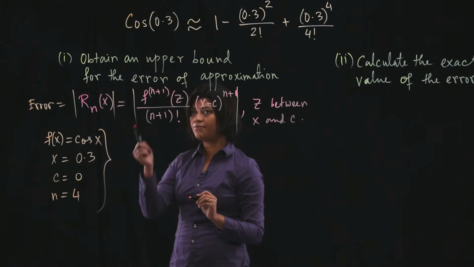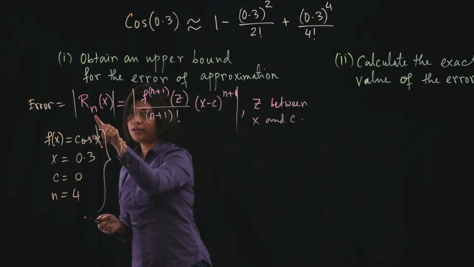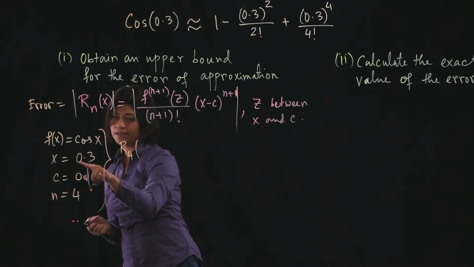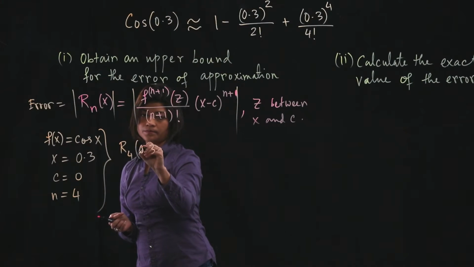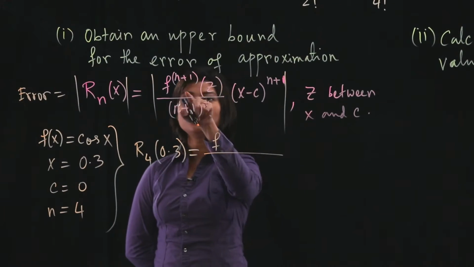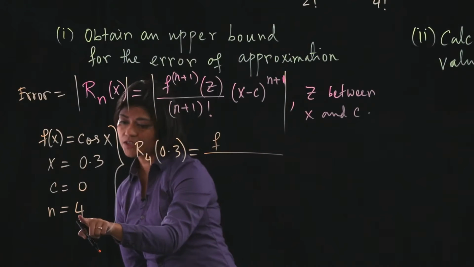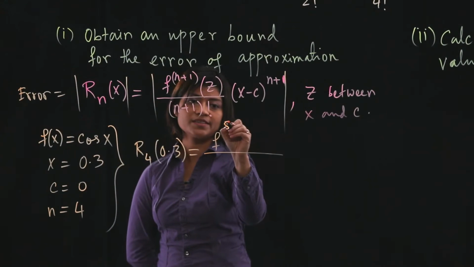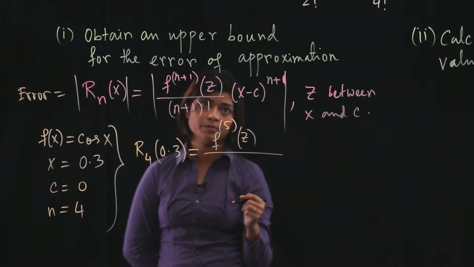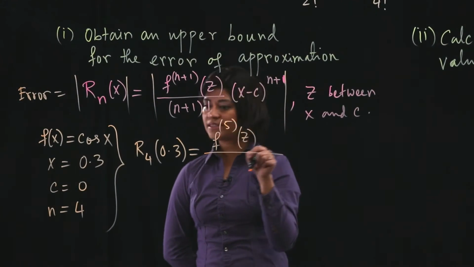Let's plug everything into this formula. We have R_4, and x is 0.3. Here is the n plus 1th derivative. N is 4, so n plus 1 means it's the 5th derivative, and we'll figure it out in a little bit. The next term is x minus c.